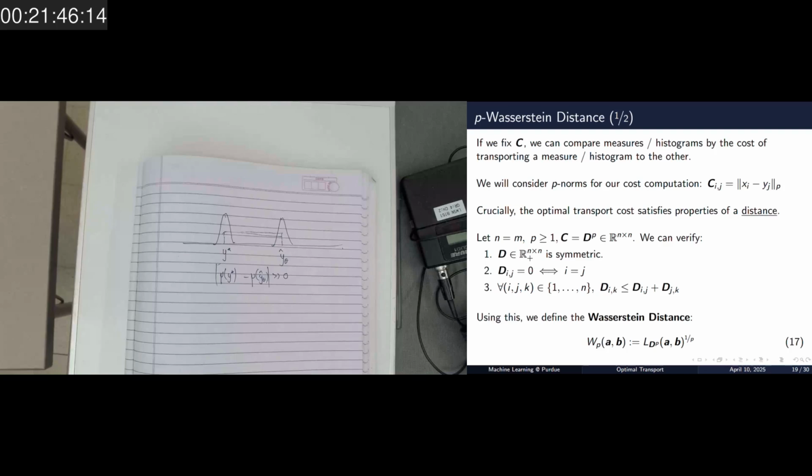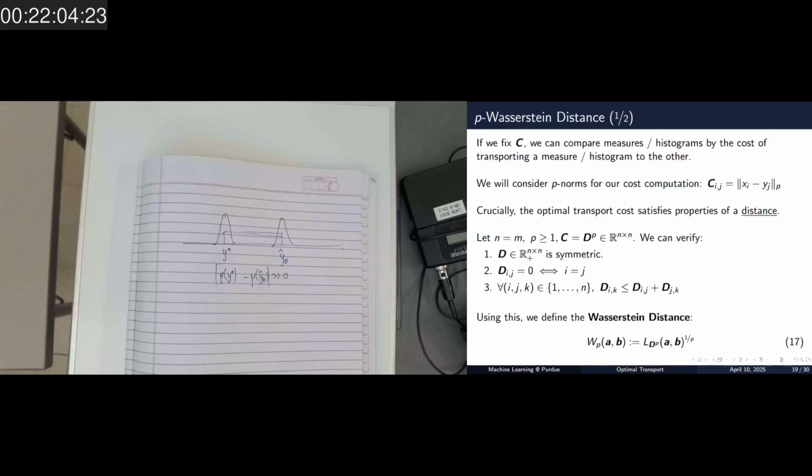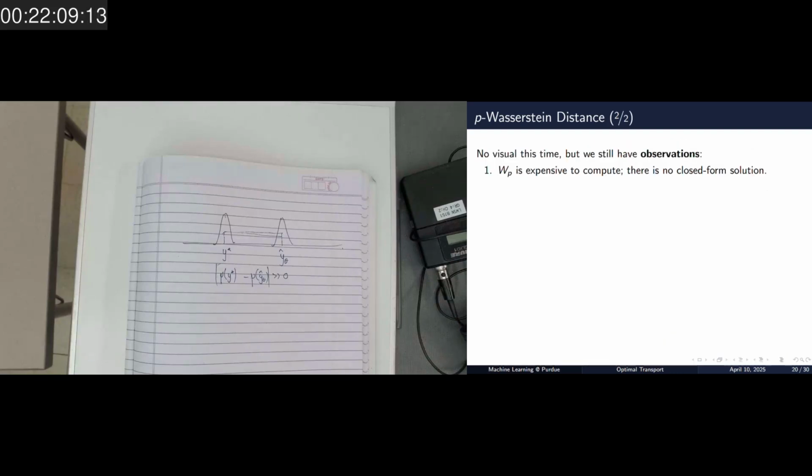Okay. Anyways, so this is one definition, and we don't have a visual like the Monge and Kantorovich problems, but we still do have a couple of observations that are very useful. Firstly, W_p, or the Wasserstein distance, is still very expensive to compute because we are still solving a linear programming problem in order to get the final cost, and that's not great.